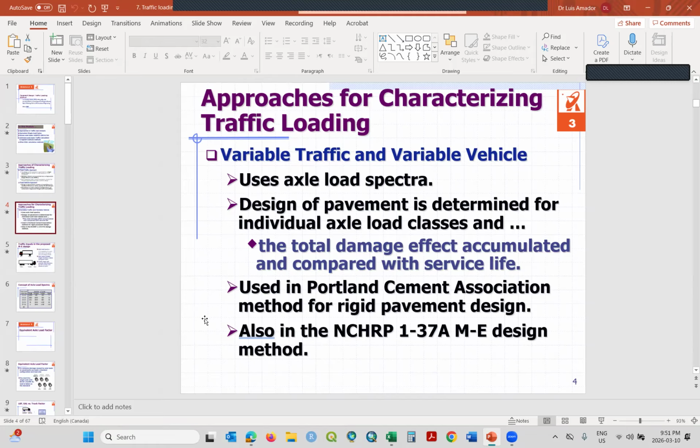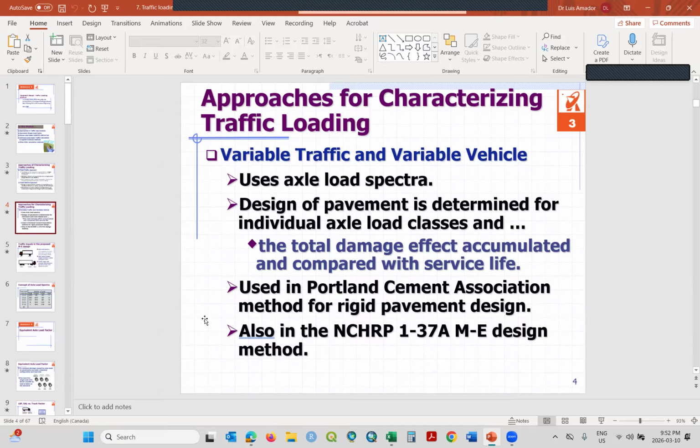This is the one that is used nowadays with the Mechanistic Empirical Pavement Design method, and is also used by the Portland Cement Association for rigid pavement design. This is the best approach, but requires a lot of information. It requires you to have detailed historical records of the traffic that you have been observing, and also a forecast towards the future of detailed traffic that you are expecting.